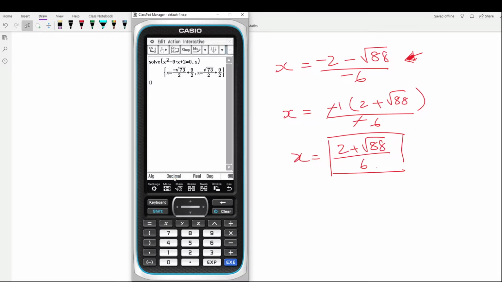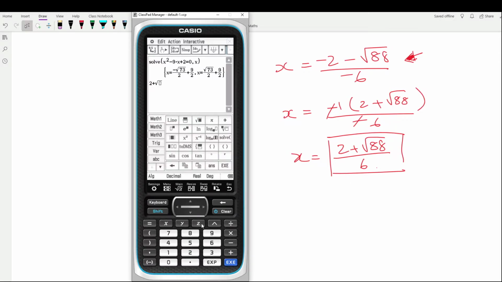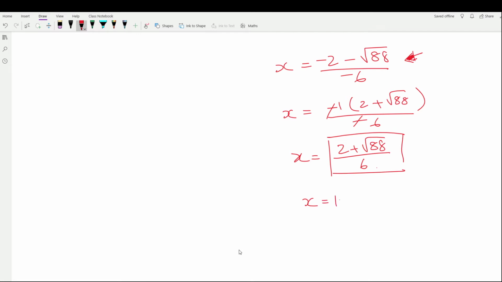So we have our calculator in decimal mode, and we'll just go 2 plus the square root of 88, and then enter, and then divide it by 6, and we'll get x is equal to 1.90. This is correct to 2 decimal places.